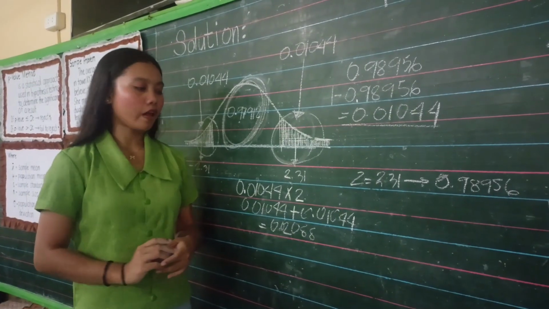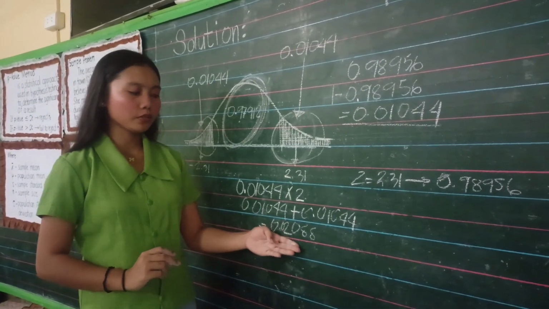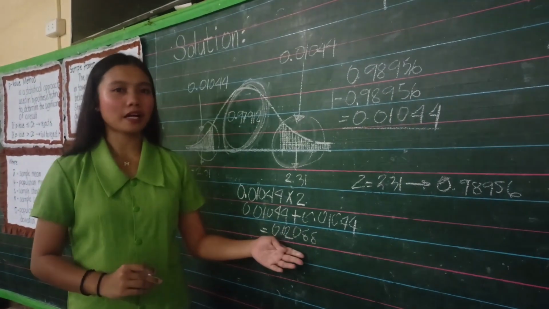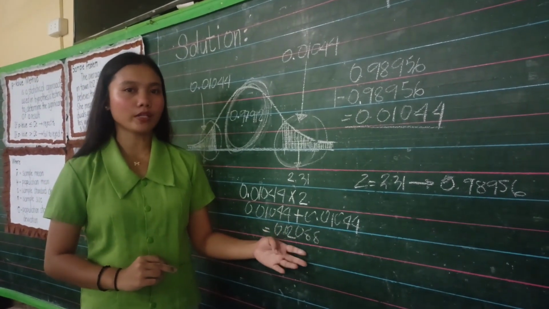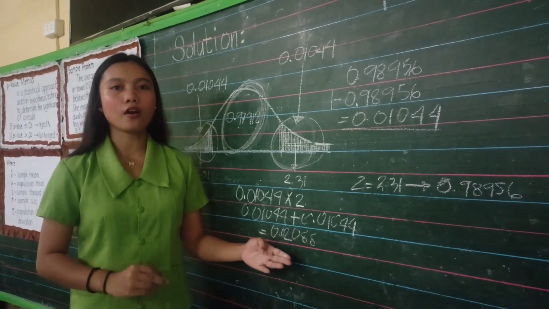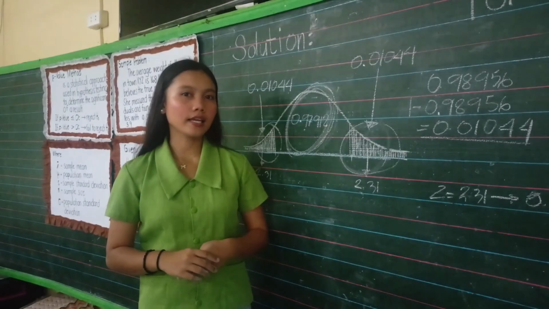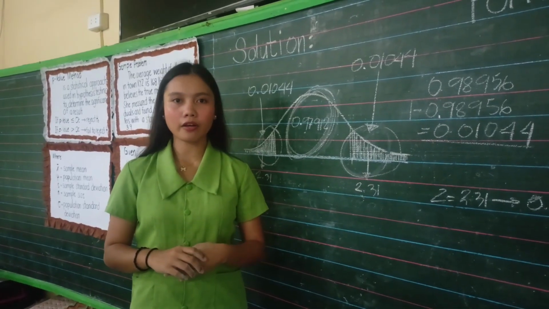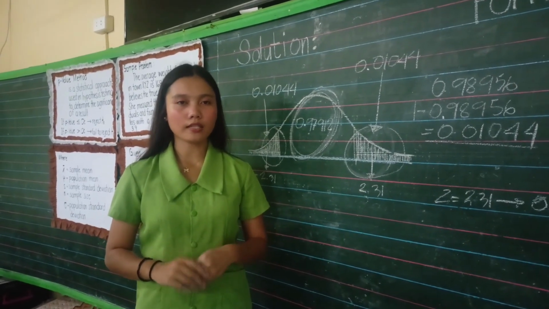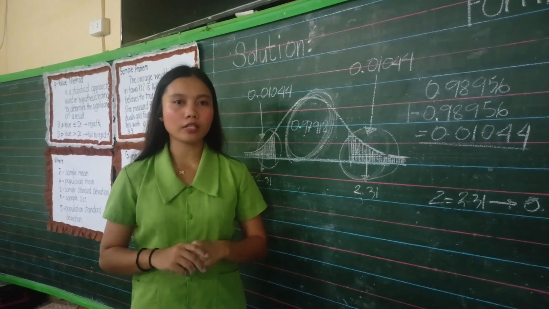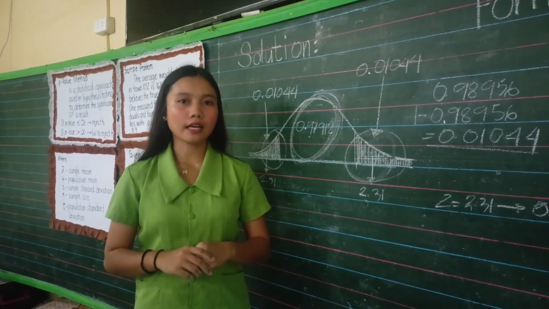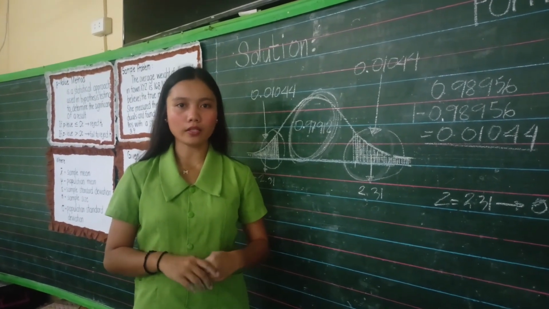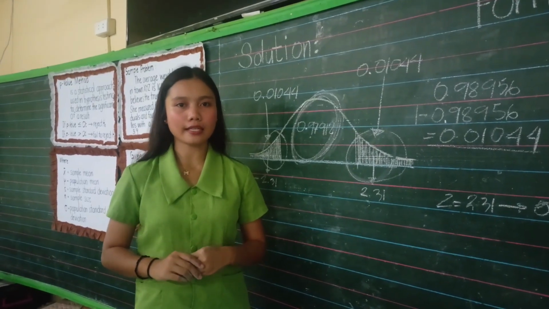So our p-value is 0.02088. We must compare this value to our alpha to see if we must reject or accept the null hypothesis. If the p-value is less than or equal to alpha, we must reject the null hypothesis. Since our p-value of 0.02 is less than 0.05, we must reject the null hypothesis, since our p-value is less than alpha.